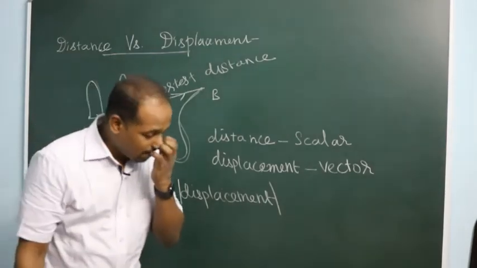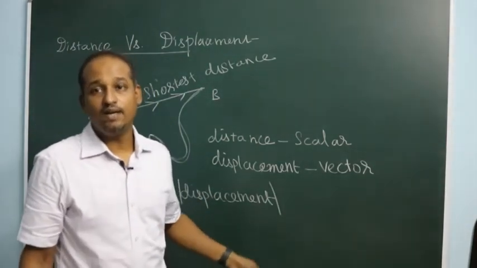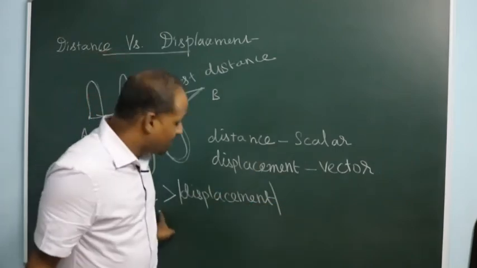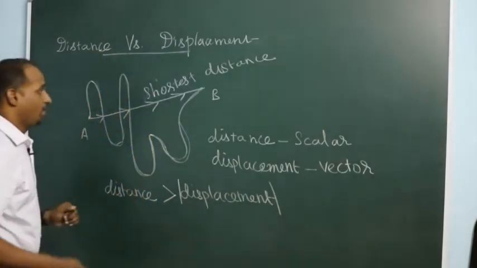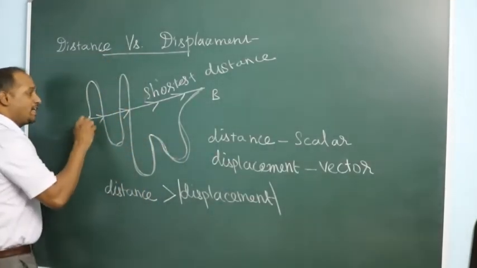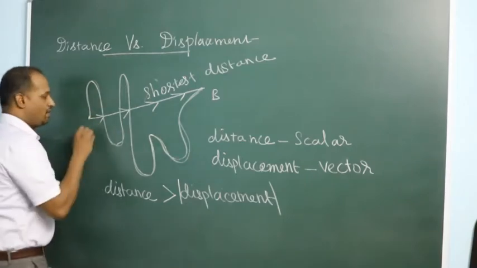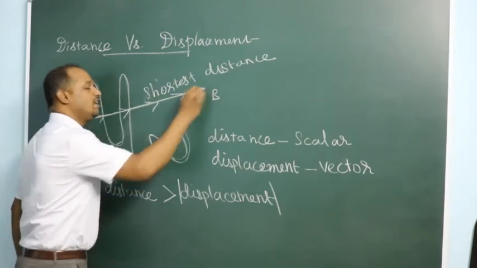And we should never say that distance is greater than displacement. It is that distance is greater than the magnitude of displacement. What if it is a bridge from A to B? If a vehicle has to go, it has to go straight only like this.